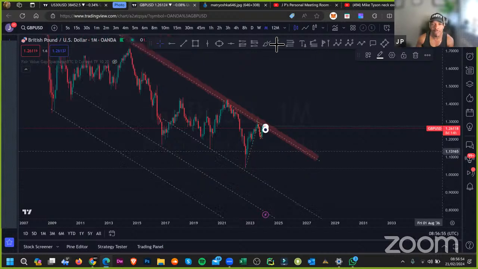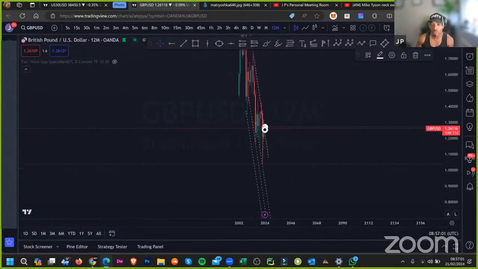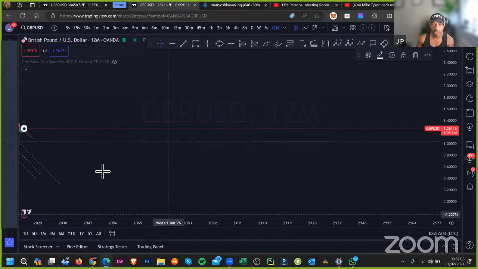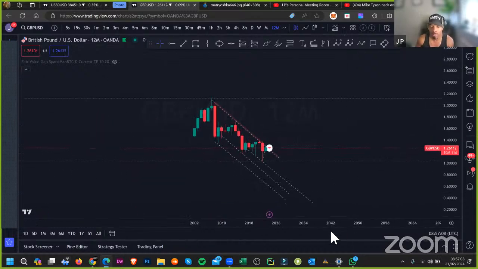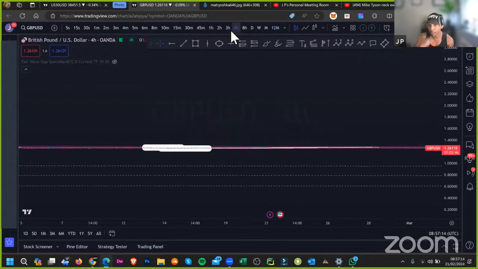Maybe there's some institution out there reading and reacting to 12-month candles on the basis that they're trying to take this trade and they're going to get out in 2042. I don't know. But you are always reading and reacting to what the market does.